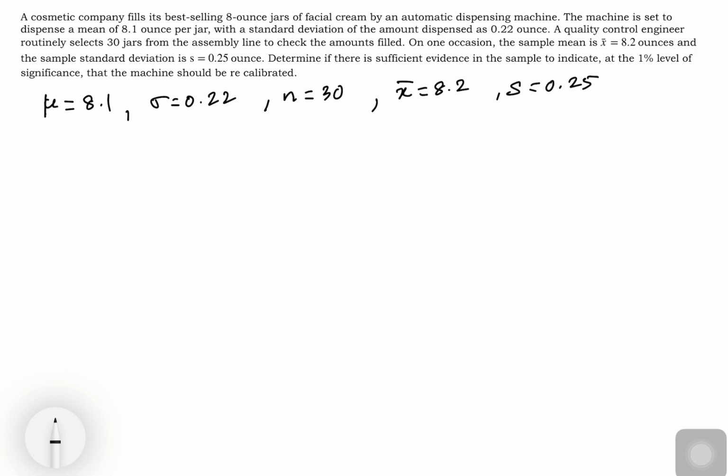Determine if there is sufficient evidence in the sample to indicate at 1% level of significance that the machine should be recalibrated. So that means if the mean is not equal to 8.1, if it is greater or if it is less than 8.1, we need to recalibrate it. That's what it means.